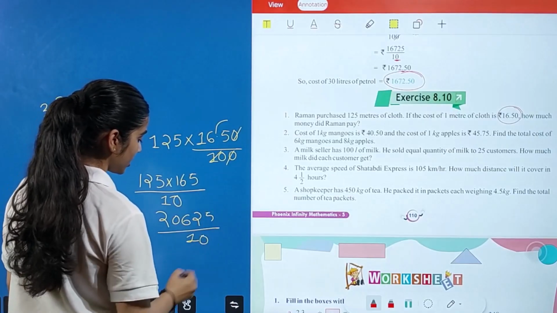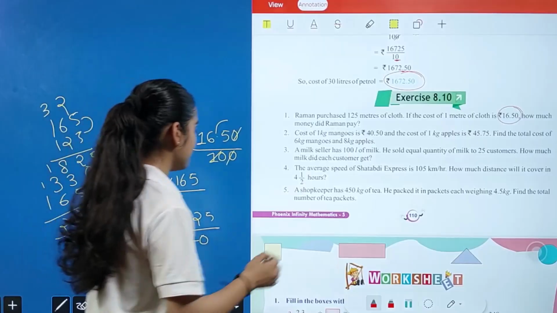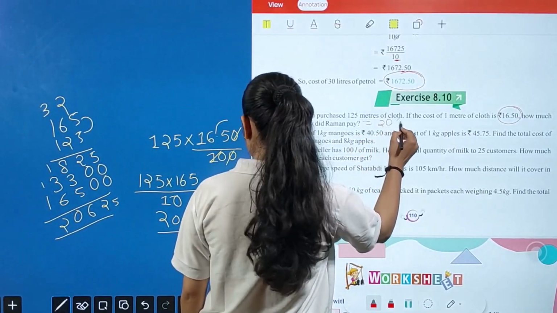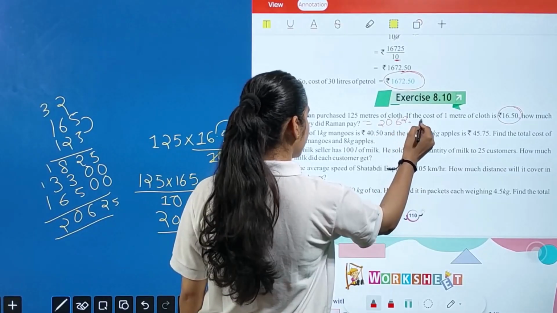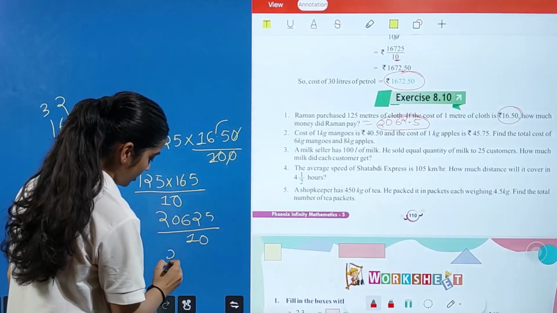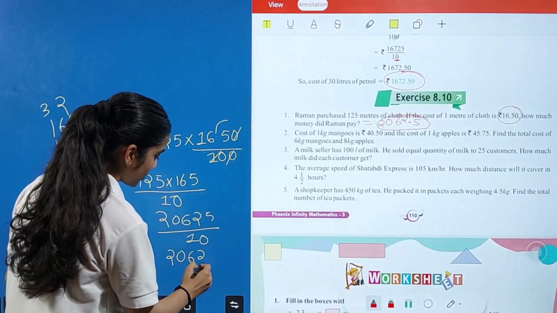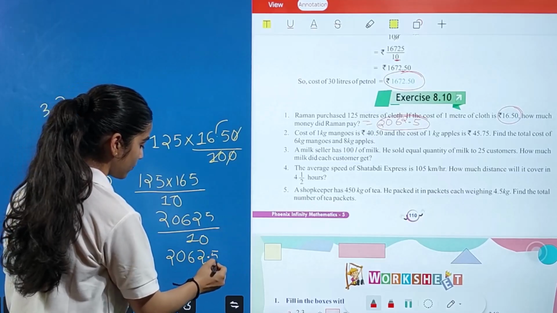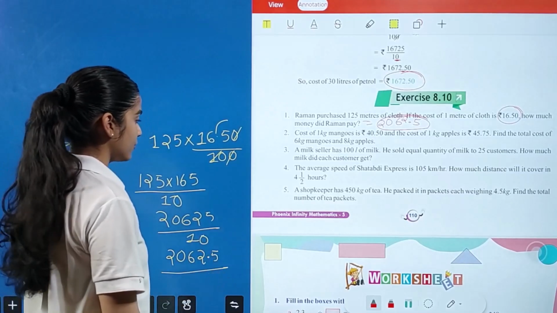How many zeros are there? Only one. So your answer will be 2062.5. Okay, this is your final answer. You can see here as well, because you have to put a point from the left-hand side. So only 1 point, after 5 you can put it here.